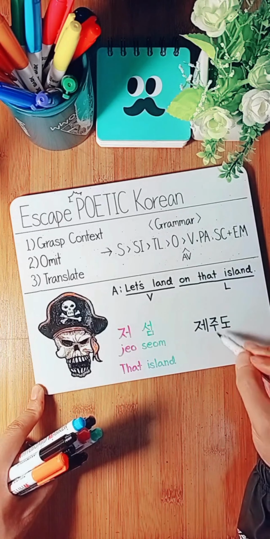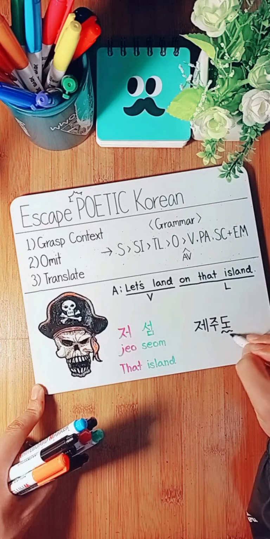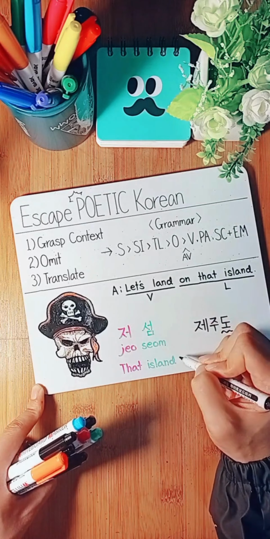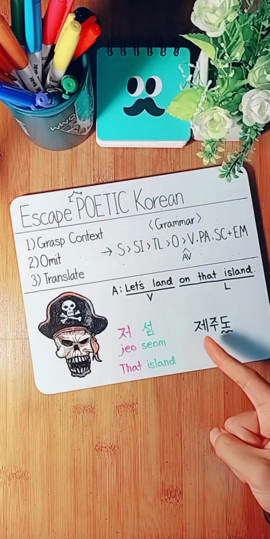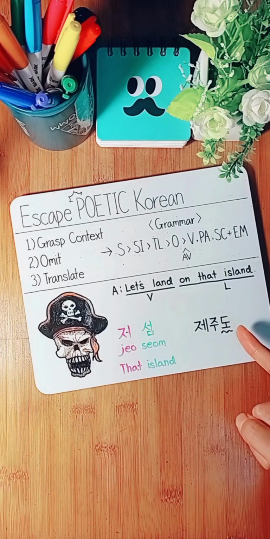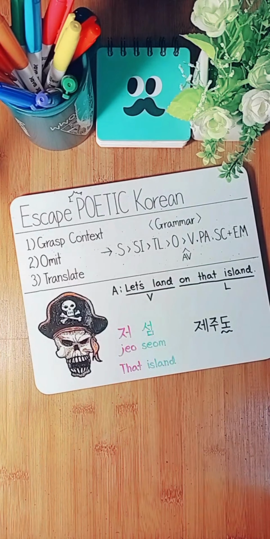So, when the word island is attached to its actual name, then island will be 도. If you're just saying island separately, then it's 섬. Okay, so that's why when people go to Jeju Island, when they come to Korea, they call it 제주도. They don't call it 제주섬.